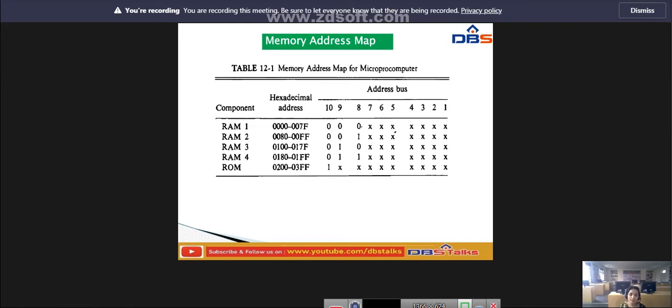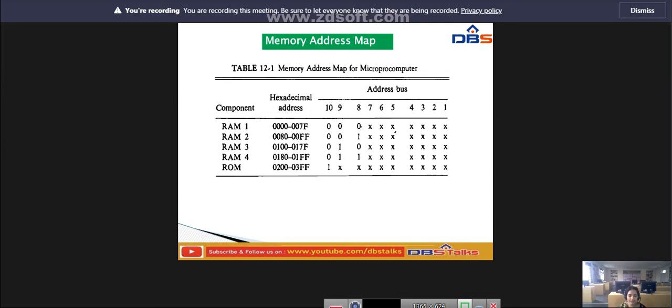The small x under the address bus lines in the table designates that those lines must be connected to the address inputs in each chip.